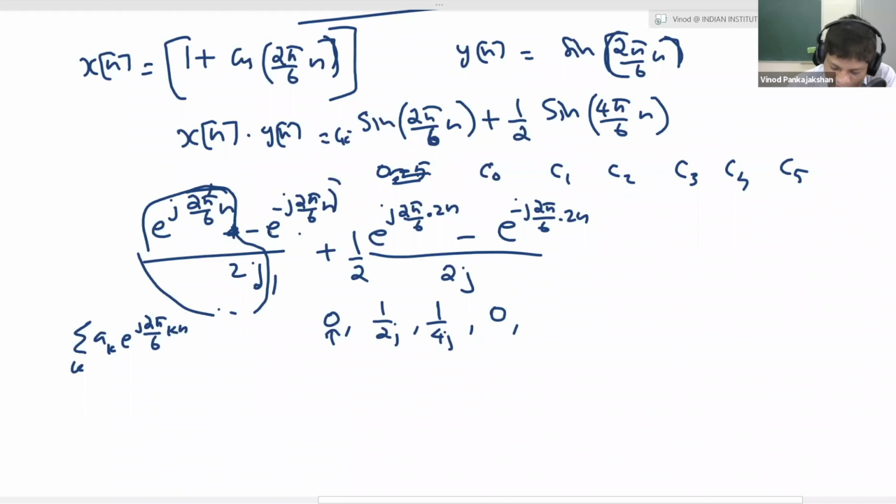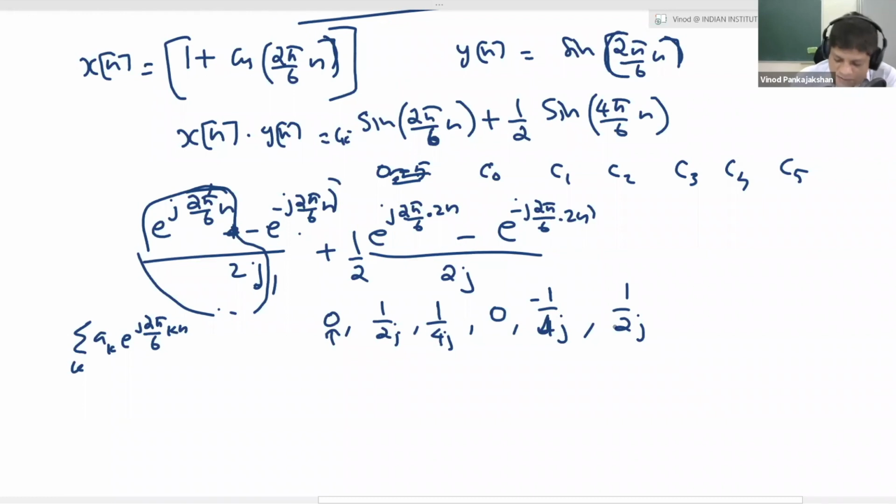So this is the fifth harmonic. And what about this? This corresponds to the second harmonic. And this corresponds to the fourth harmonic. So the coefficients are 0, 1 by 2j, 1 by 4j, 0, minus 1 by 4j, and minus 1 by 2j.